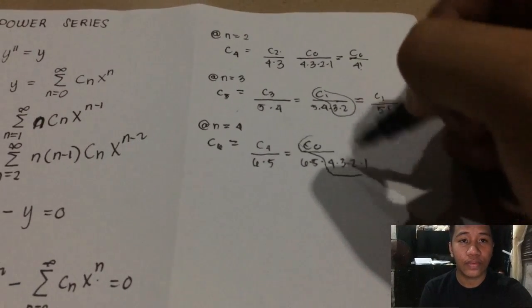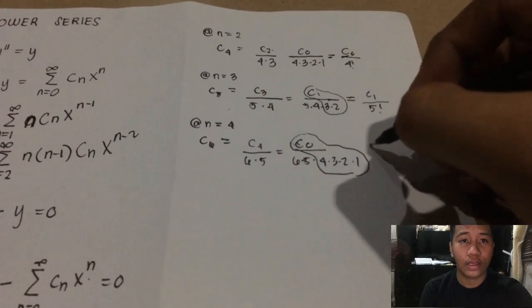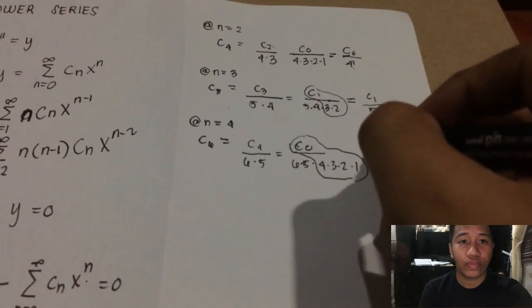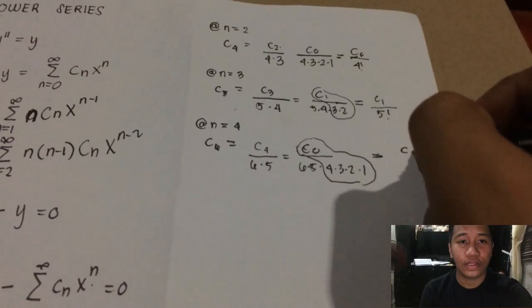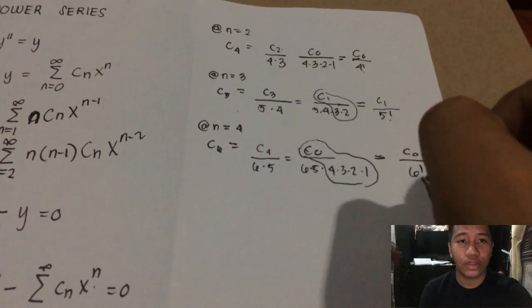So it is equal to c sub 0 over 6 factorial.